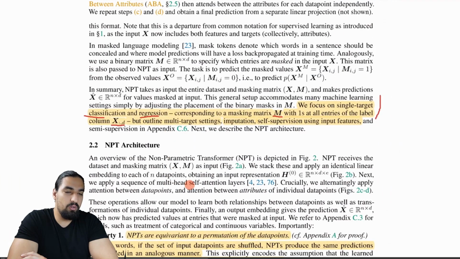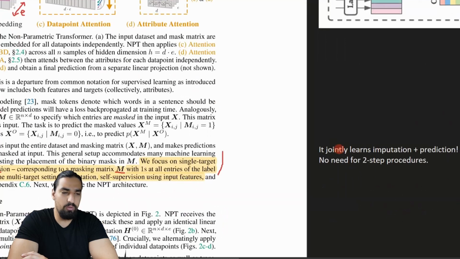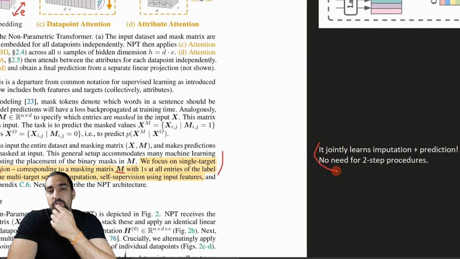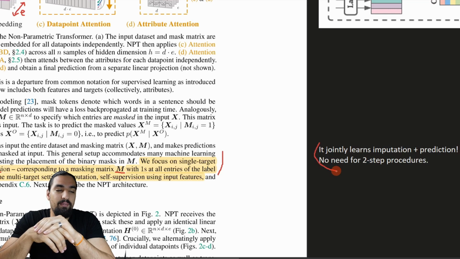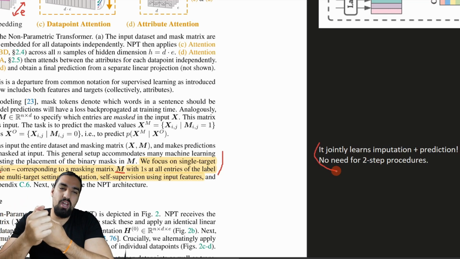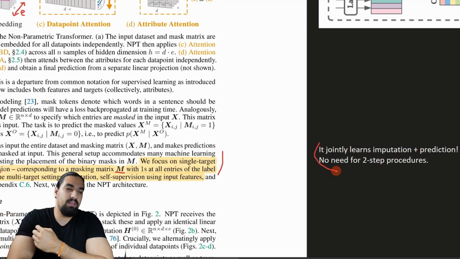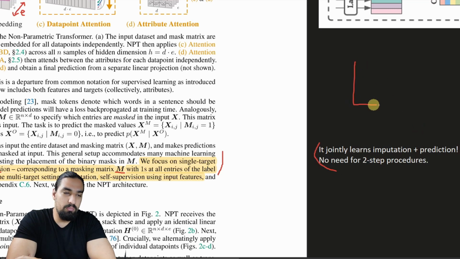So the cool part here, and I noted it here, is that basically it jointly learns imputation plus prediction. In conventional approaches, when you use those boosting methods, you have to have a two-stage approach. The first stage just imputes the values. Imputation just means that you're missing some values.